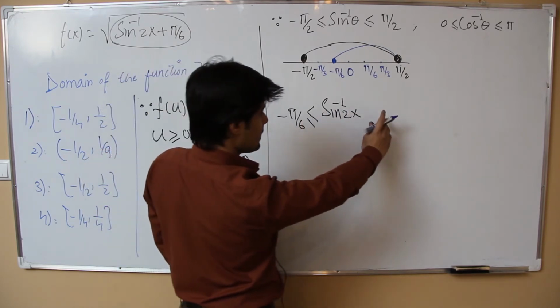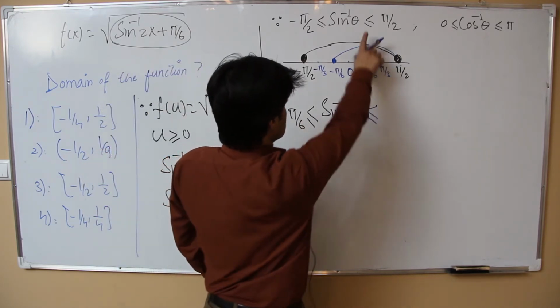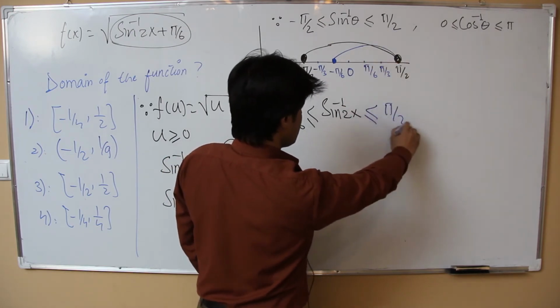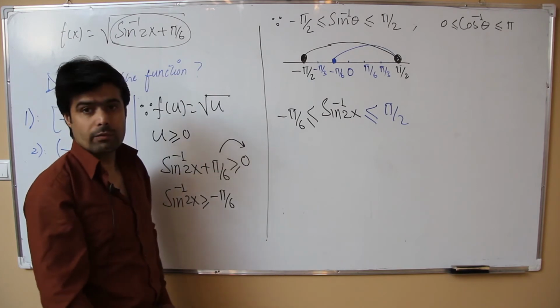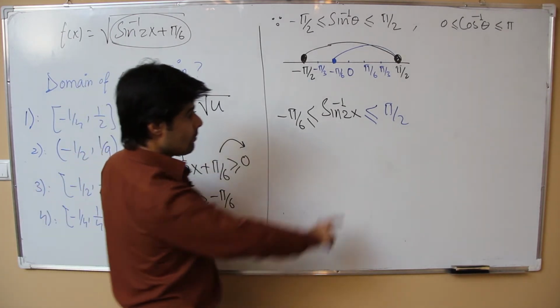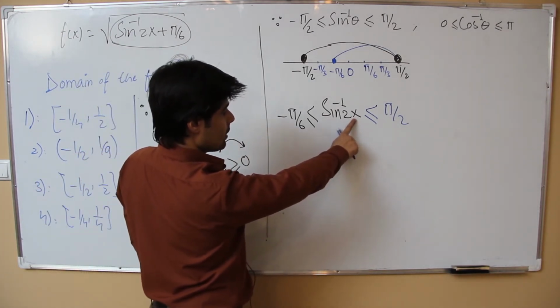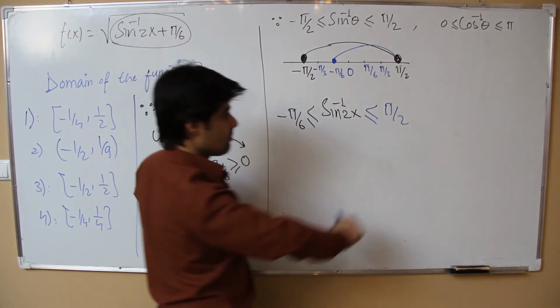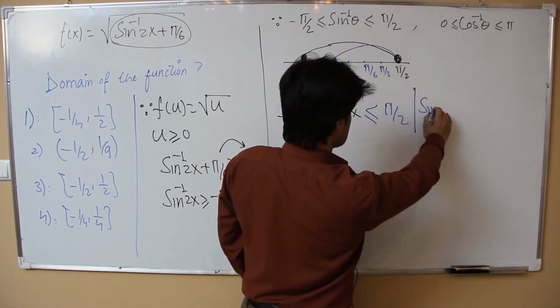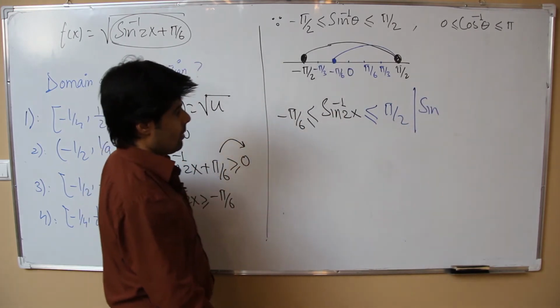What is the last interval? It should be smaller than pi divided by 2. Now solve this one for x. Now, how can we find x? First, we have to omit or delete the sine. It means take the sine on both sides.